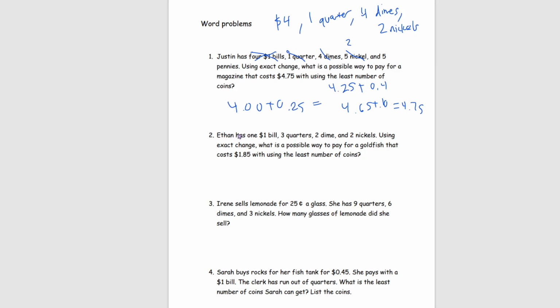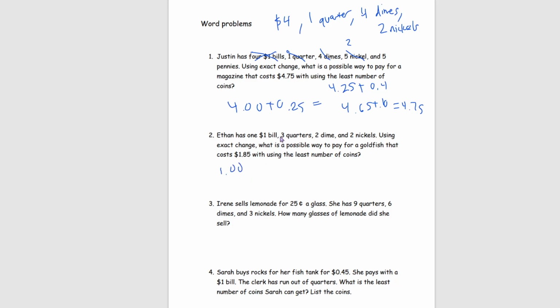For number 2, it says Ethan has one $1 bill, 3 quarters, 2 dimes, and 2 nickels. Using exact change, what is a possible way to pay for a goldfish that costs $1.85 using the least number of coins? We use our $1 bill, which gets us $1.